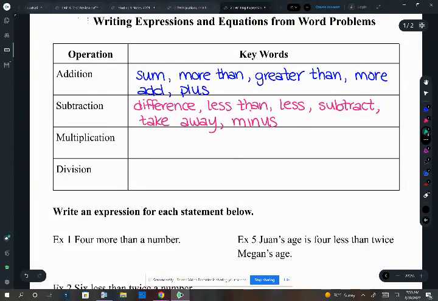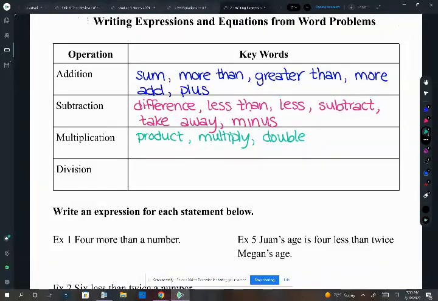As we look at words that help us know that we're going to multiply, besides the word multiply, we might see the word product. And like I said, multiply, double, and hopefully remember that double would be just like times by 2, right? Twice, triple would mean we're going to multiply by 3.